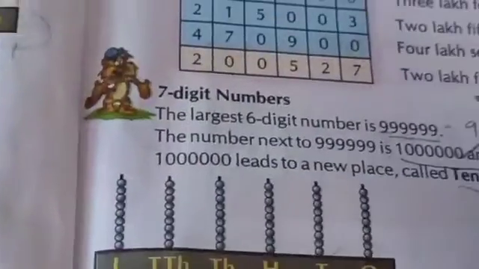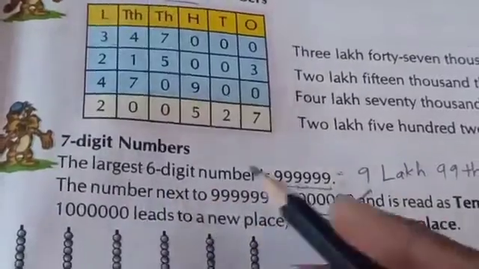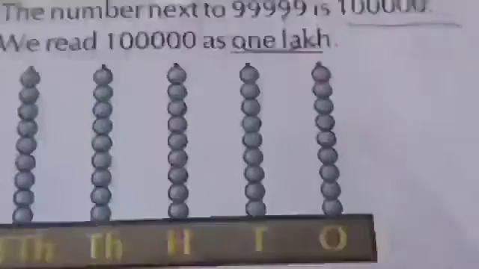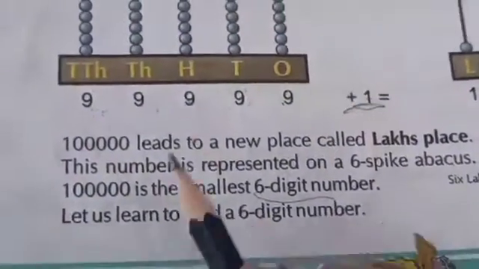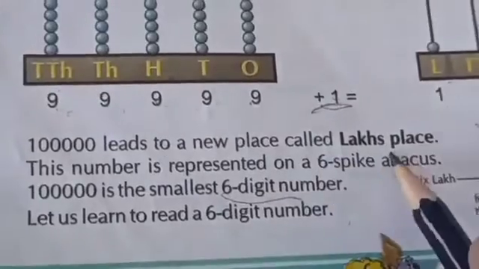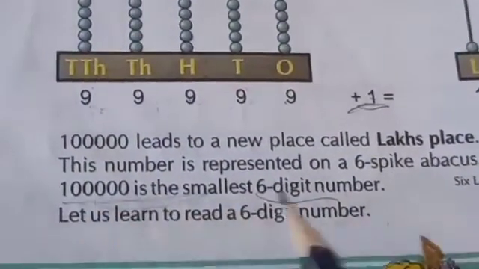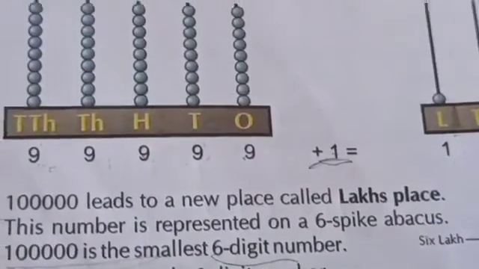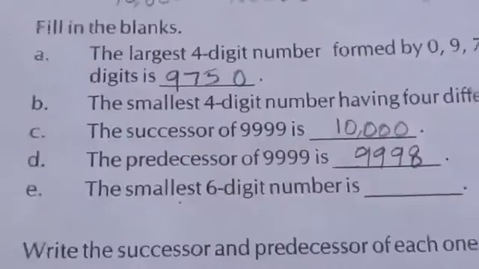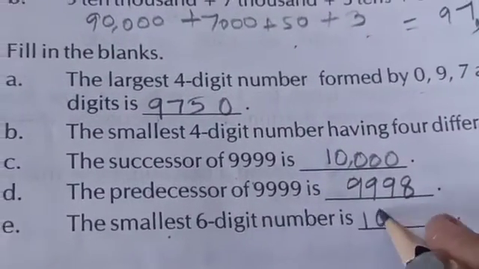In the 6 digit number, the largest 6 digit number is 99 lakh. Here, in page number 6, this is the new place called lakhs place. This is the 6 digit number. See, 1 lakh is the smallest 6 digit number. Okay, 1 lakh is the smallest 6 digit number. There we will write. Now the smallest 6 digit number is what? 1 lakh.